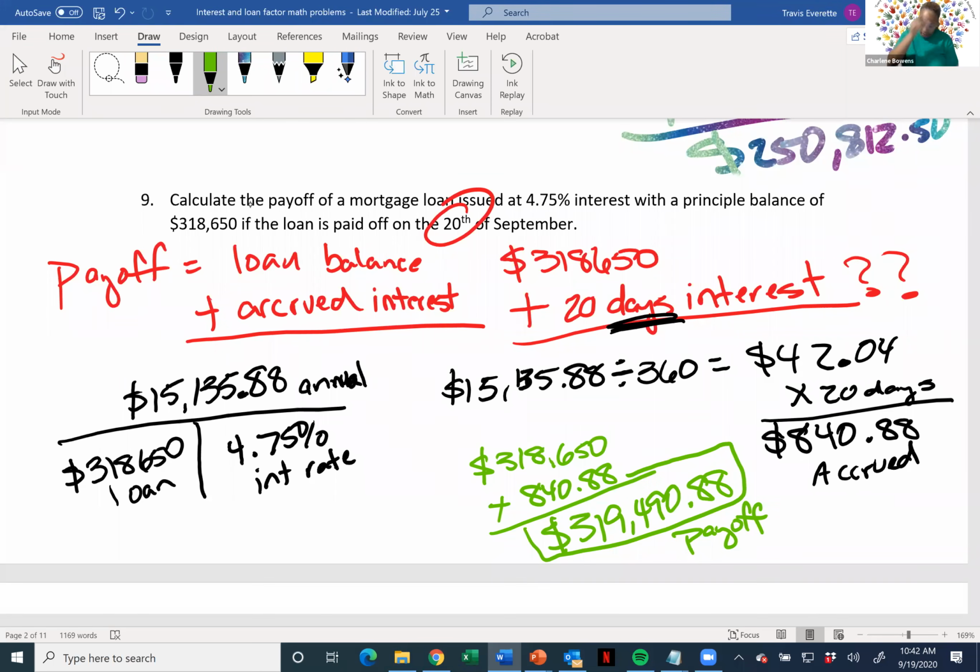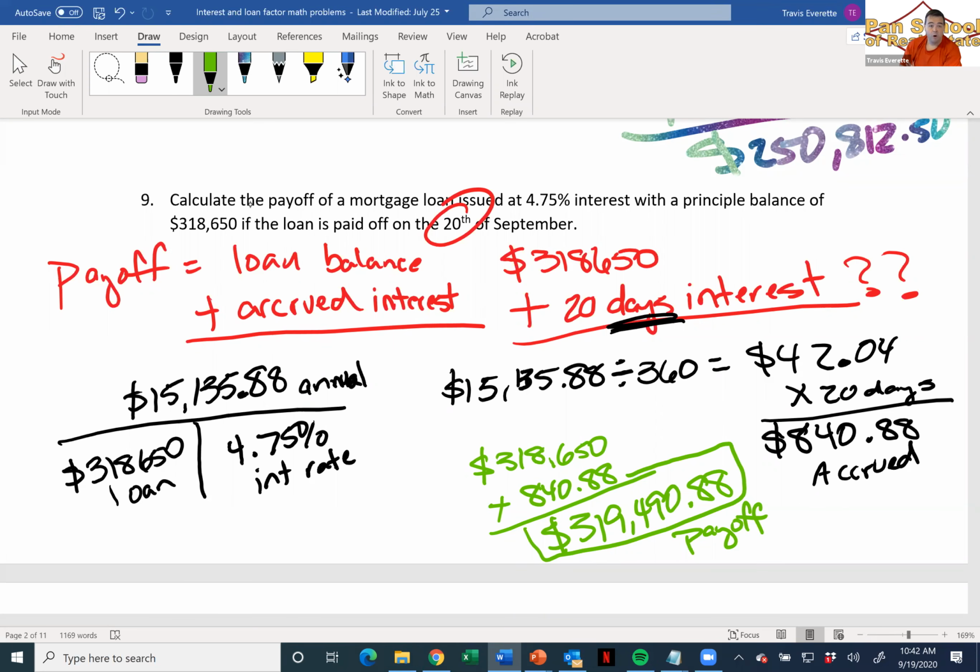The payoff is the loan balance at the beginning of the month plus any interest that's built up over the course of the month. So now, here's a practical question for when you're working in the real estate industry. If you're representing the seller and you're estimating for them how much money they can expect to walk away with at closing, should you tell them something about that loan balance they see on their mortgage statement? Because that loan balance on their mortgage statement doesn't include any interest that's built up, right?